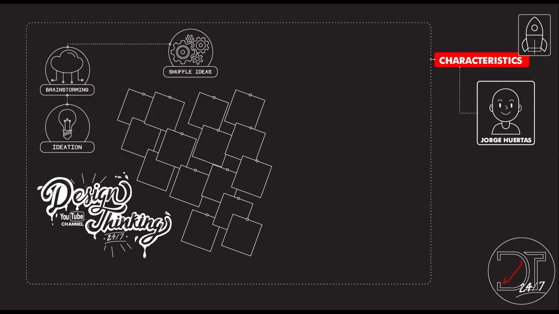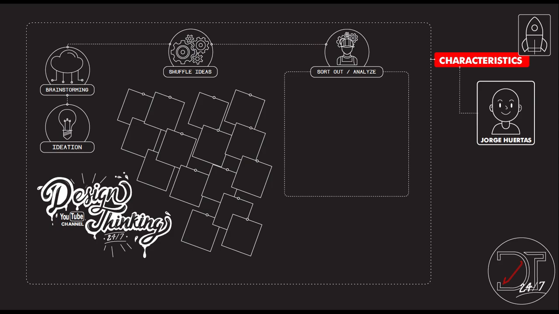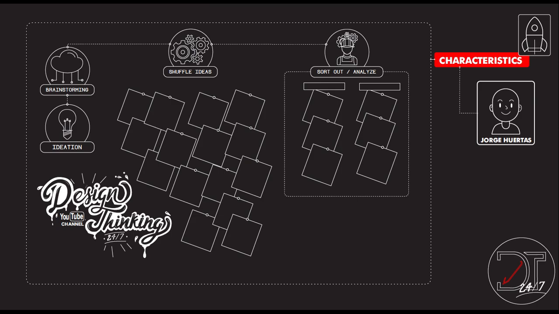The main idea of the KJ method and the affinity diagram is that you start to sort out and analyze all the information. How do you do that? The name of the tool is affinity.